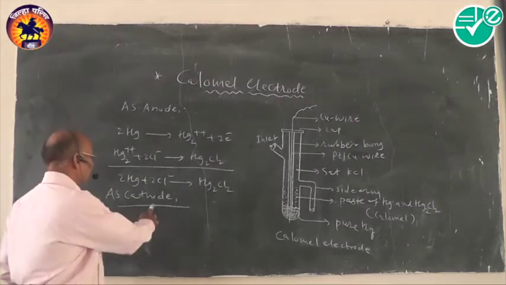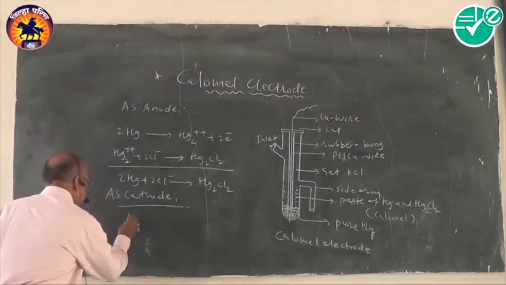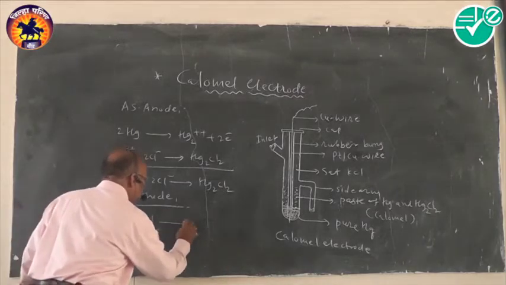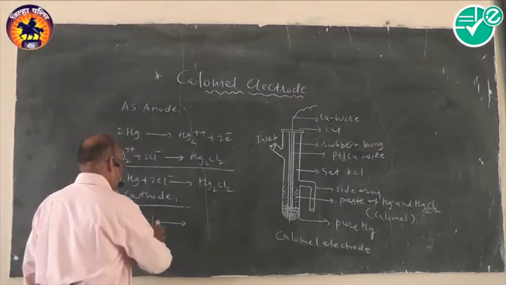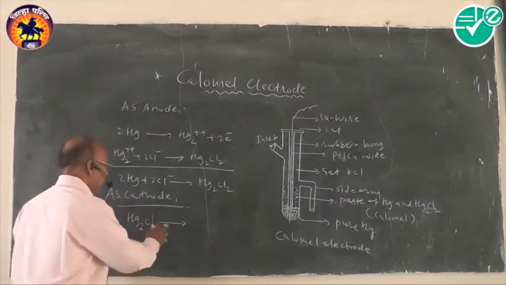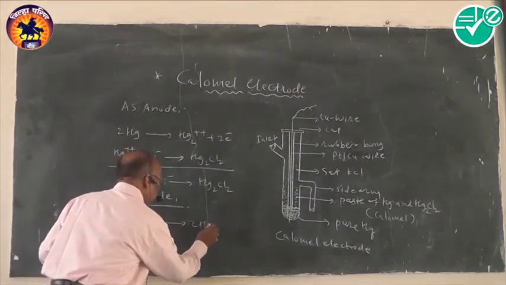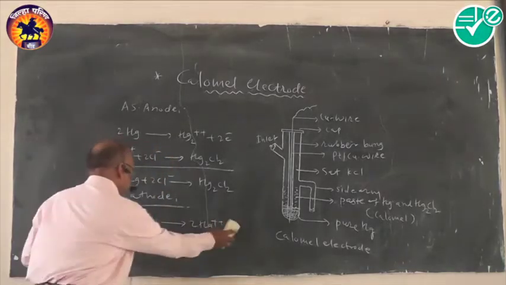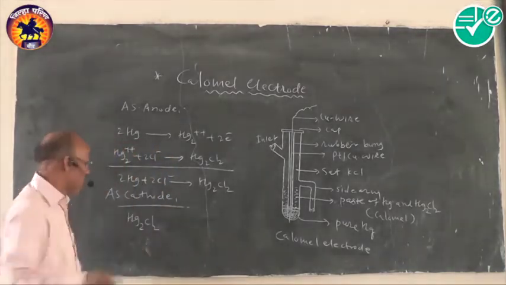Very simple. In this particular case, as a cathode, mercurous chloride undergoes decomposition. The decomposition shows the formation of 2Hg, and particularly it shows a process of reduction.